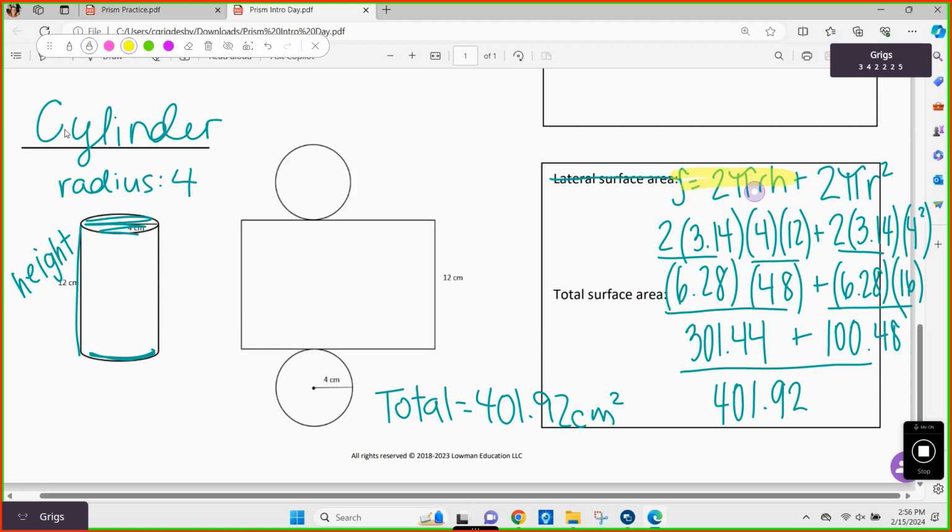So would it be that right there? Yeah. So then to extract the lateral surface area, I can just highlight the values I plugged in, which works me down to a lateral surface area of what? 301.44. Ding, ding, ding. Centimeters squared.